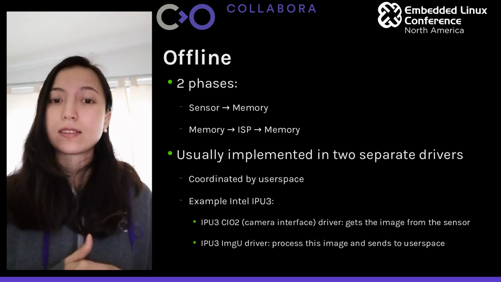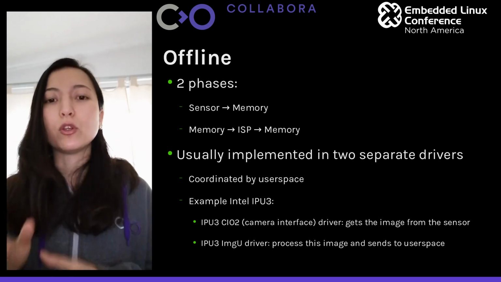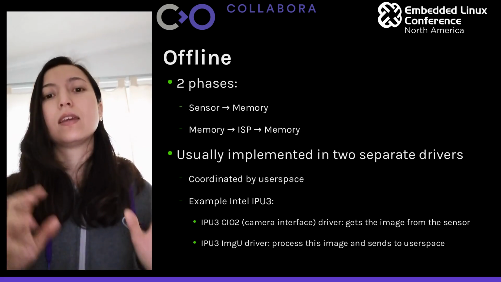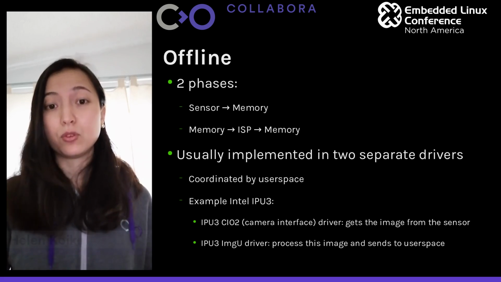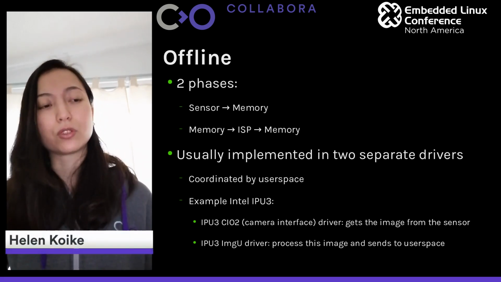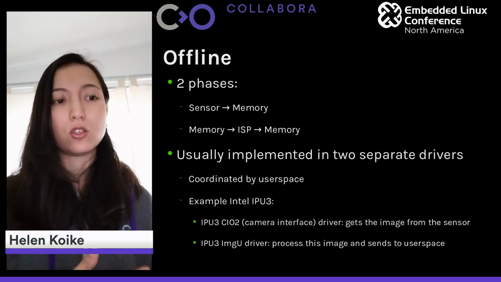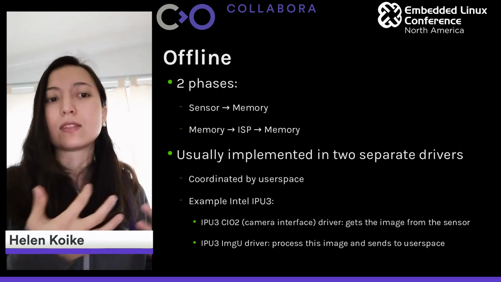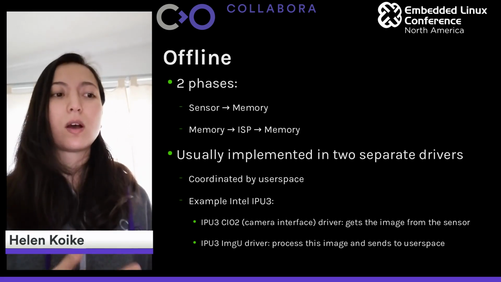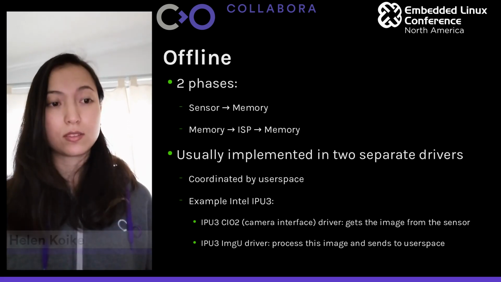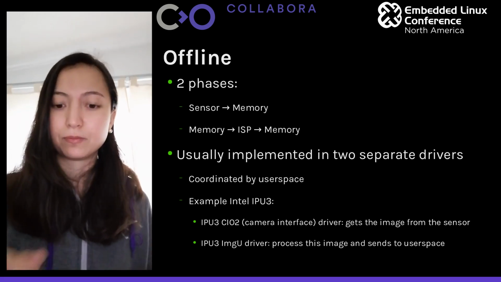Usually those two phases are implemented in two separate drivers, and communication between those two drivers is coordinated by userspace. An example is the Intel IPU3, which is divided into IPU3 CIO2, the camera interface driver that gets the image from the sensor and places it in memory. And the other one is the IPU3 image unit driver that processes this image and sends it to user space.